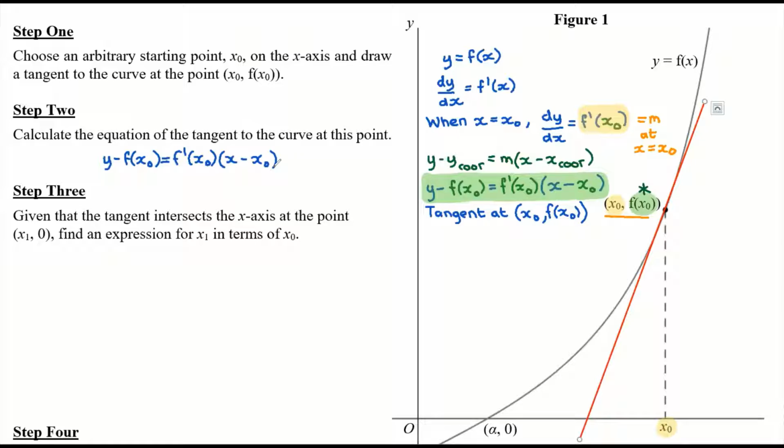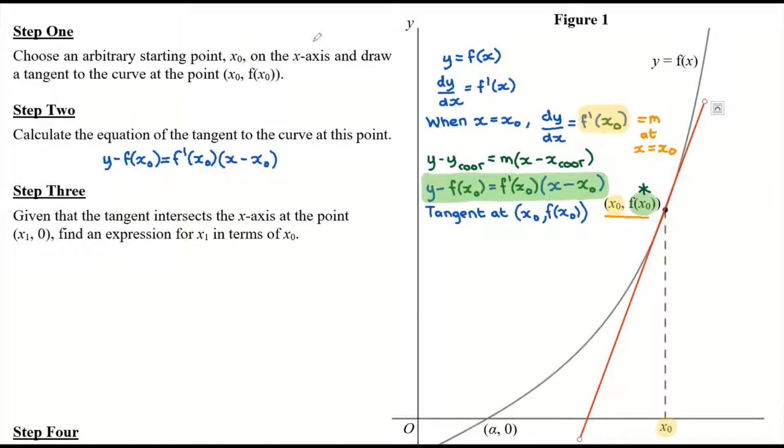Now then, for step 3, okay, we've got the equation of the tangent. Now, this is the Newton-Raphson method in action. So we know that the tangent intersects the x-axis. Okay, that was one of the things we stipulated in the first question in this lesson. We said, make sure that your tangent is long enough to intersect the x-axis.